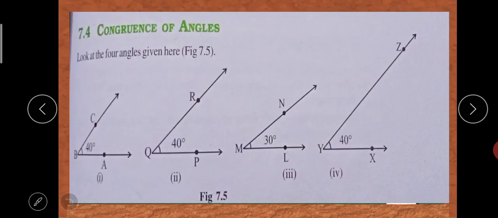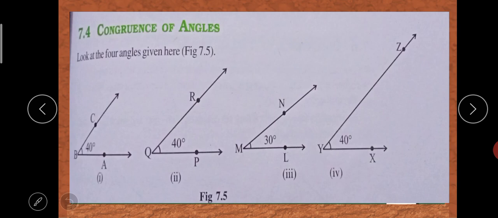Next thing, congruence of angles. Now here four angles are given: ABC, PQR, LMN, XYZ. Now here again with superposition we are going to trace two figures. The first figure will be ABC, and on that we have to place PQR.